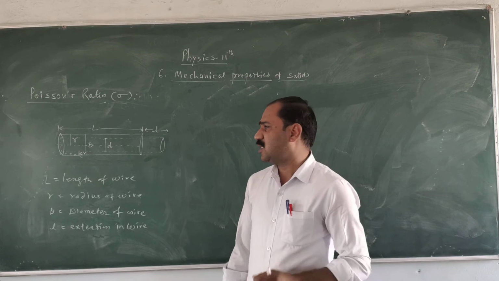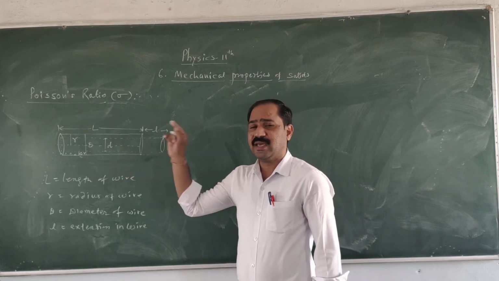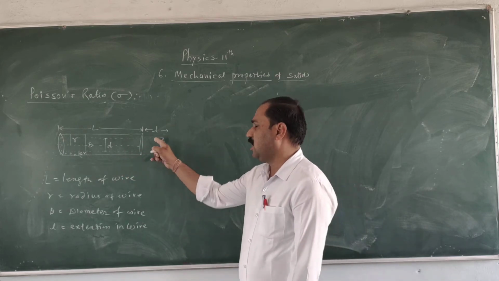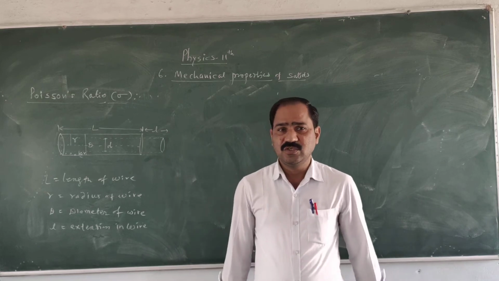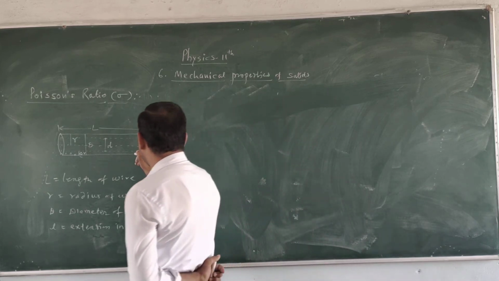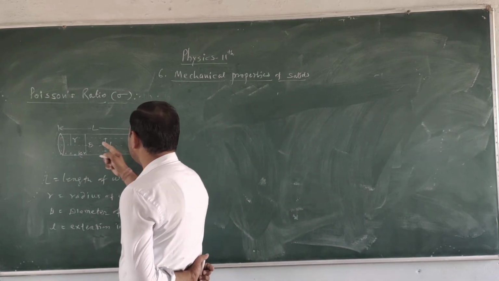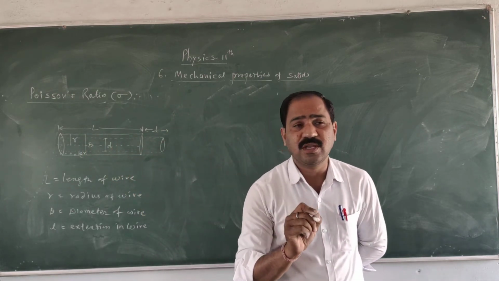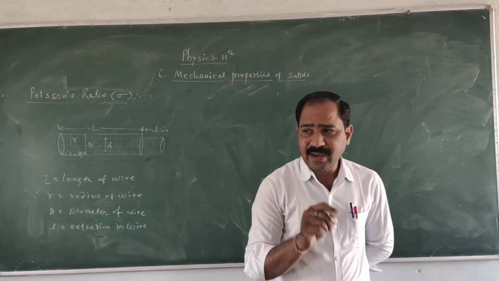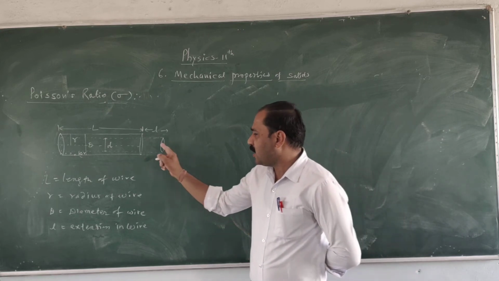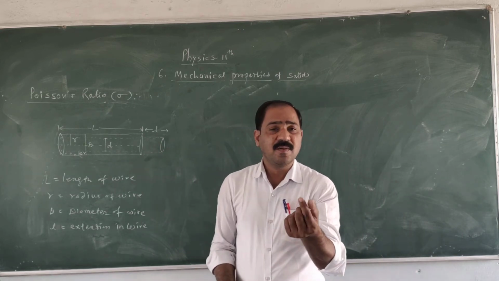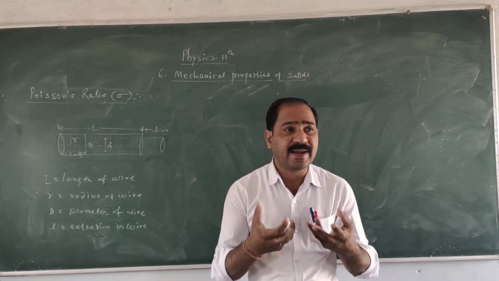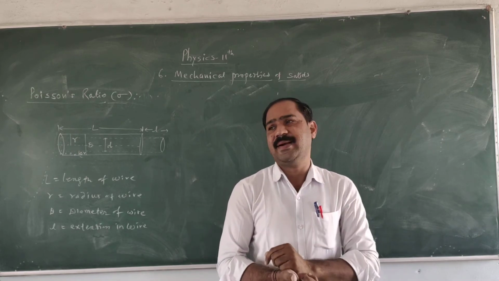So here there is the change in the radius, change in the diameter and change in the length of the wire. So here in the applied direction of the force, there is the change in the length. This is called as the longitudinal strain. And also to the applied force, इसके भाग फोर्स के क्या है, परपेंडिकुलर डायरेक्शन में भी क्या होगा, इसका रिडक्शन हो रहा है, डायमीटर में रिडक्शन हो रहा है.